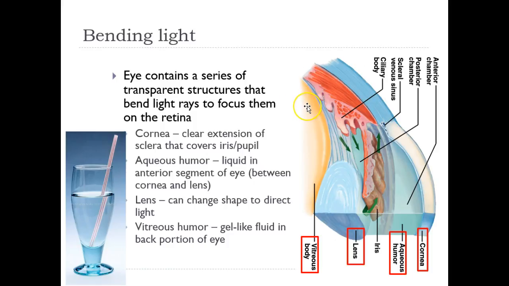That's where the rods and cones are, and they're going to turn that light energy into action potentials. Now, different rods and cones, which are those photoreceptors, are going to vibrate at different colors.